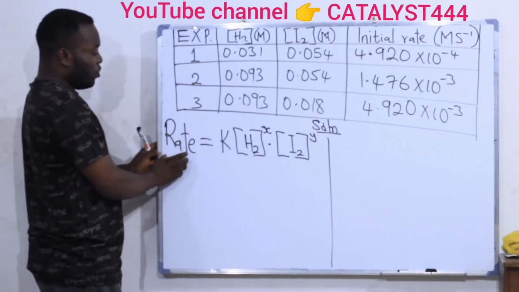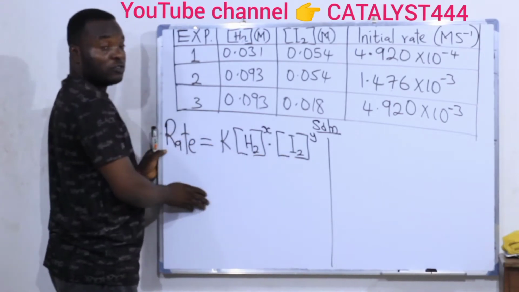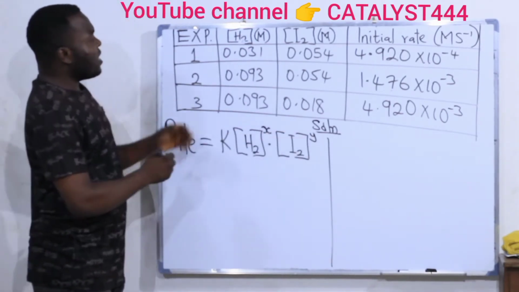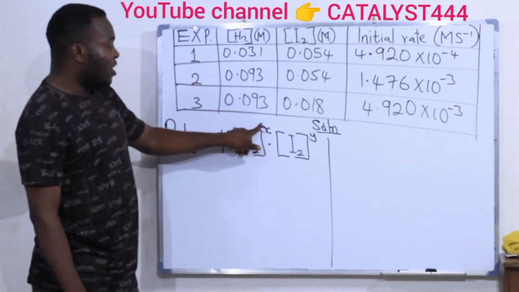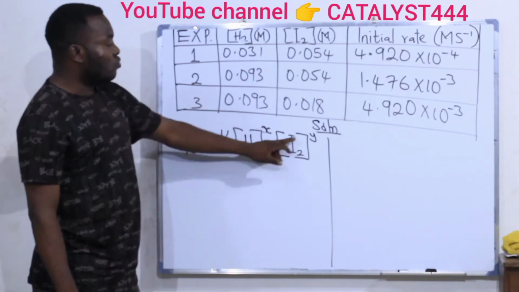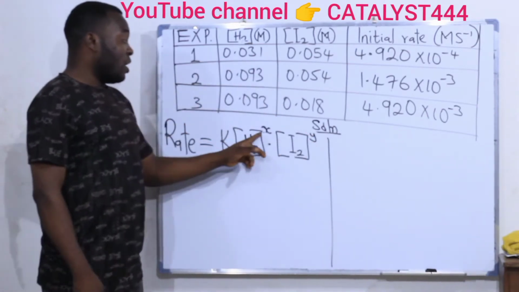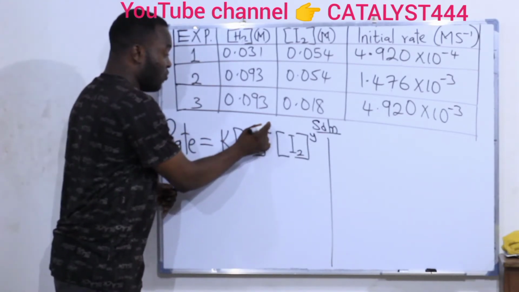I'm going to substitute rates and concentrations so I can find x and y. If I want to find x, I will look for 2 experiments where y will cancel out, because we cannot find x if we do not know y, and we cannot find y if we do not know x.